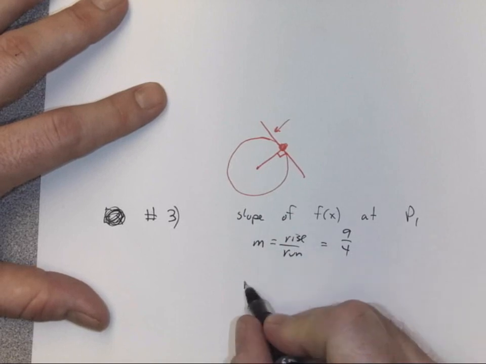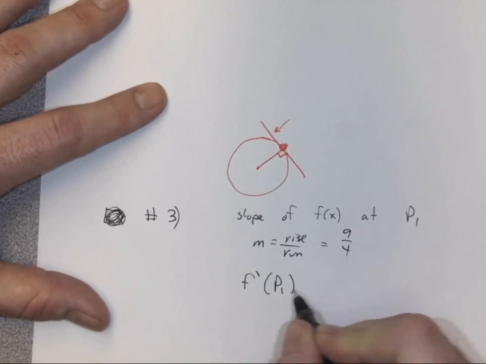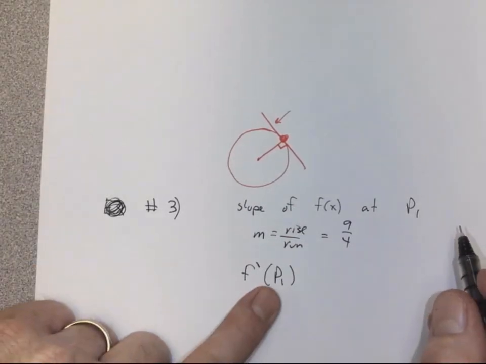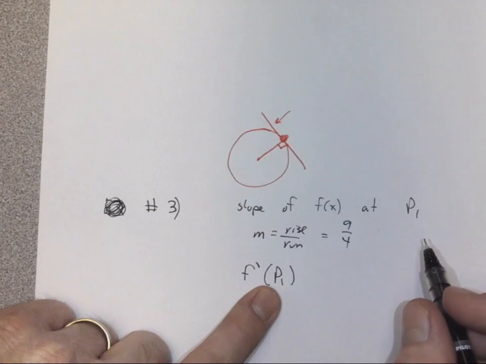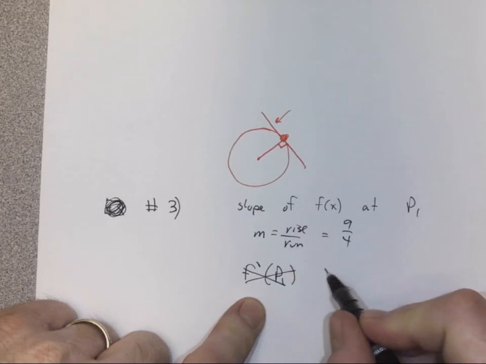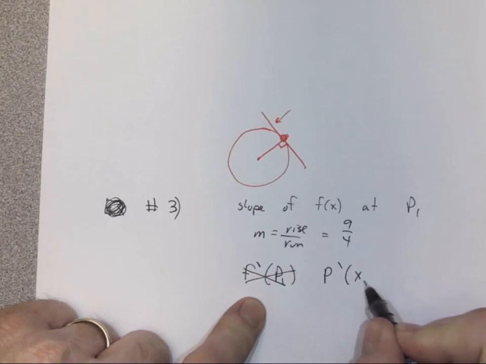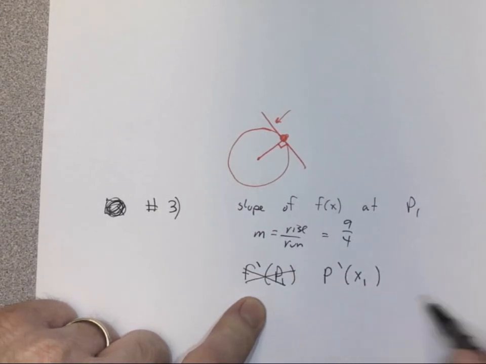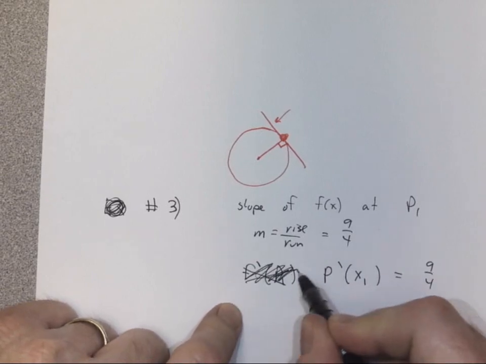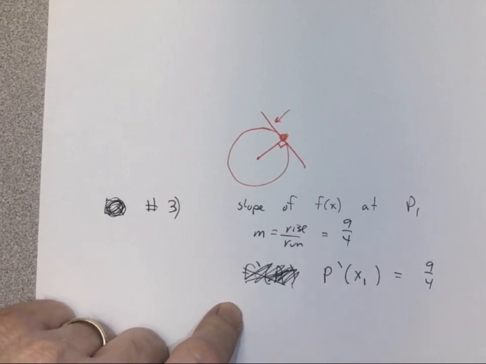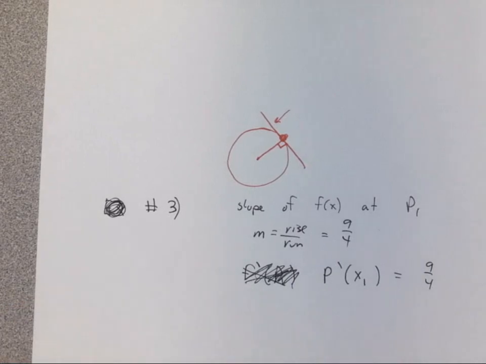So the notation would be f prime of P1. Well, actually, I should say the x coordinate of P1. I should be a little more specific there. Let me write that. F prime of x1, which is the x coordinate of P1, is equal to 9 over 4. Does that make sense? Because you do f prime of x, it's an x coordinate.